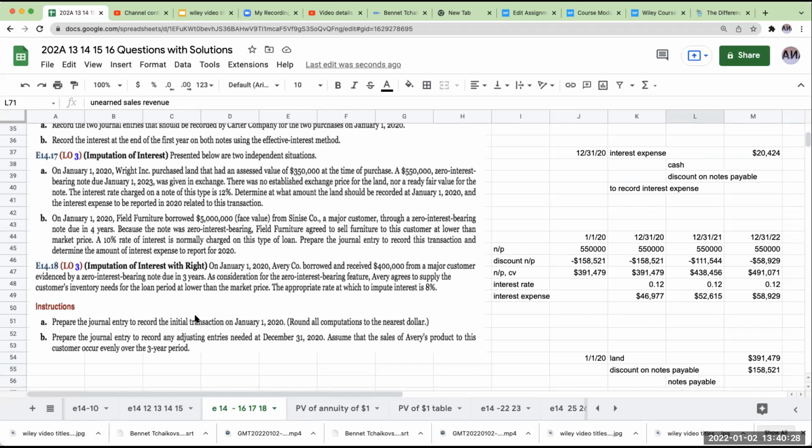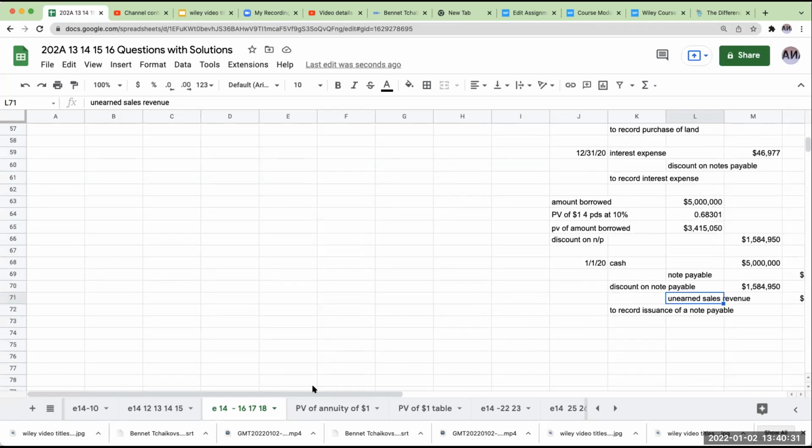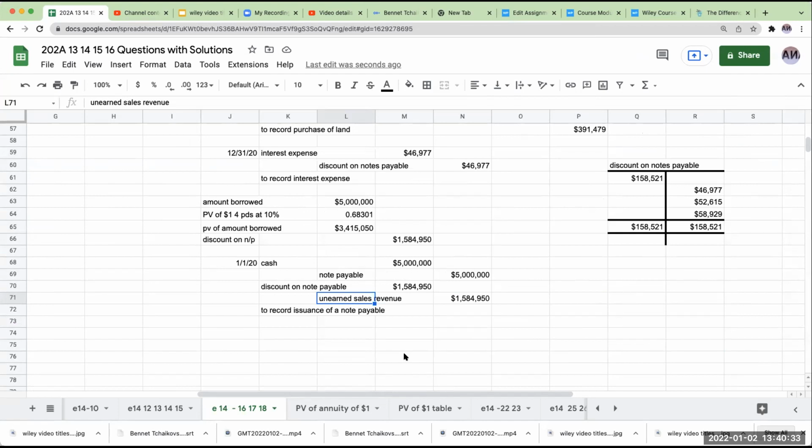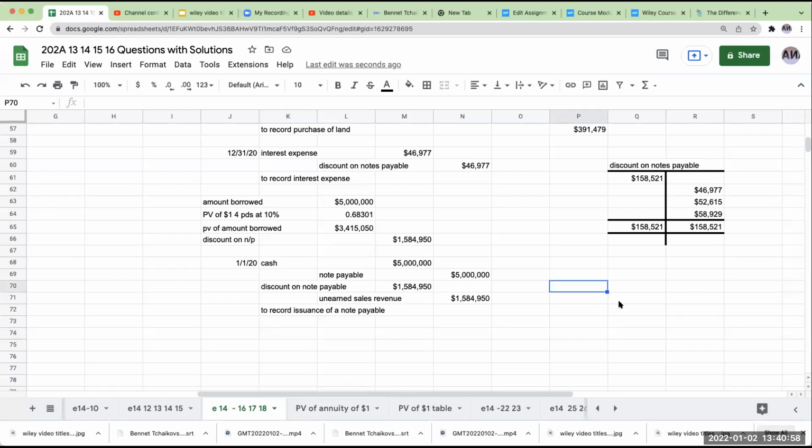But for our purposes right over here, when it comes to the discount on the notes payable, the way we're going to go through and recognize the interest is, I'm going to pause myself right again. Okay, so 1/1/20, my note payable is at 5 million less my discount.